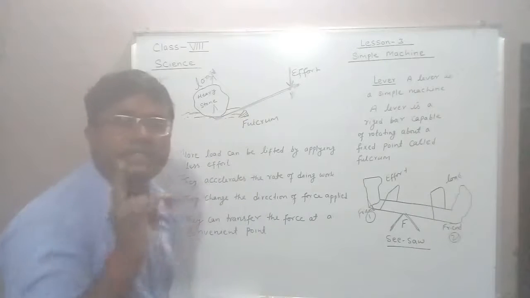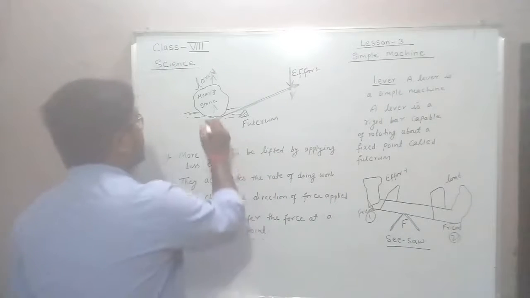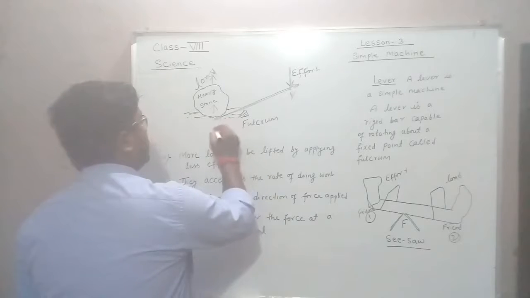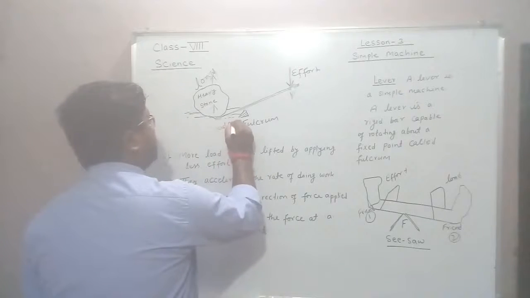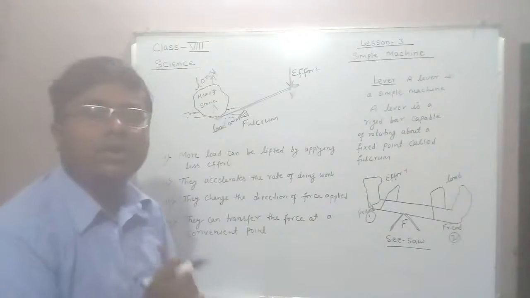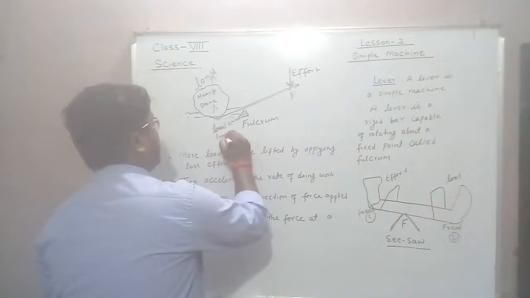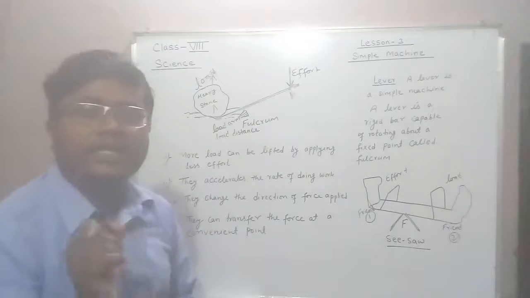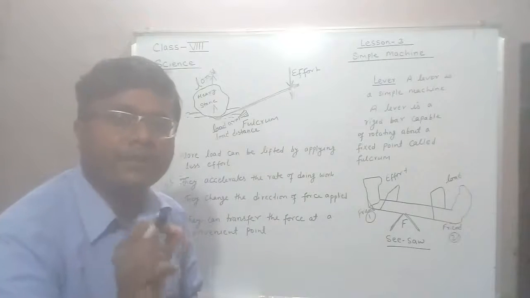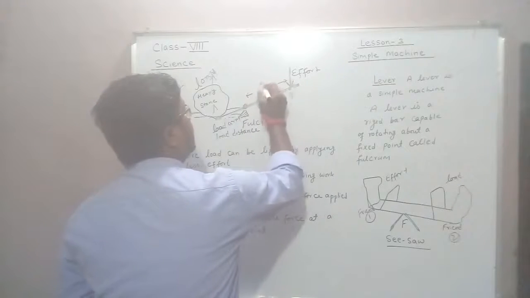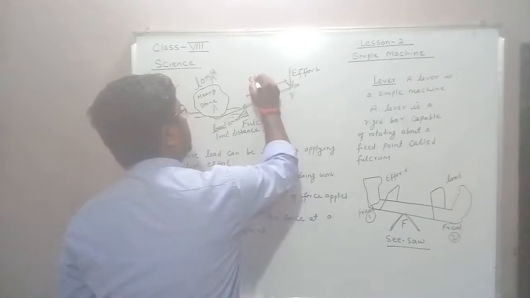The distance between load and fulcrum is called the load arm or load distance. Similarly, the distance between fulcrum and effort is called the effort arm or effort distance.